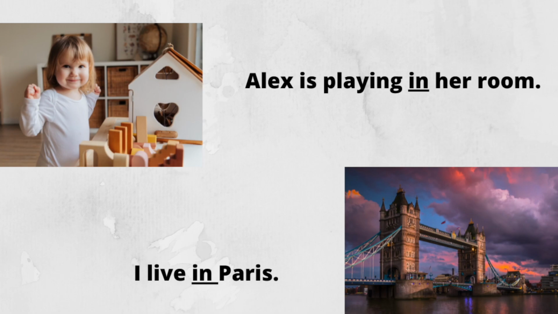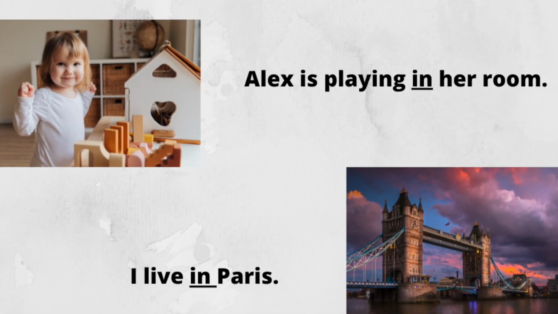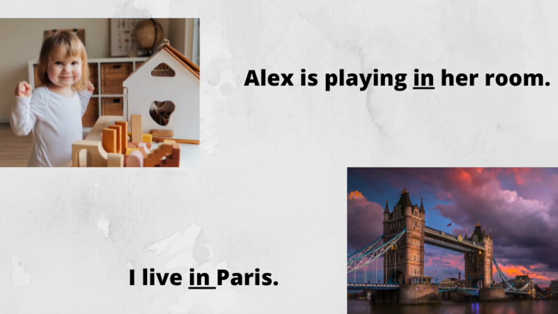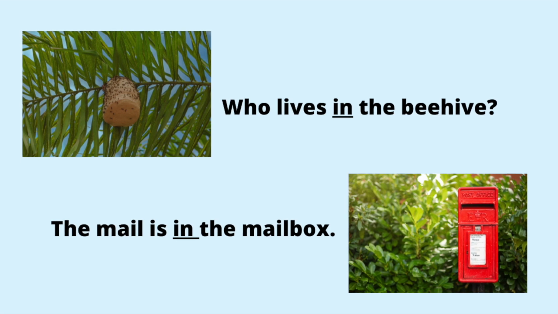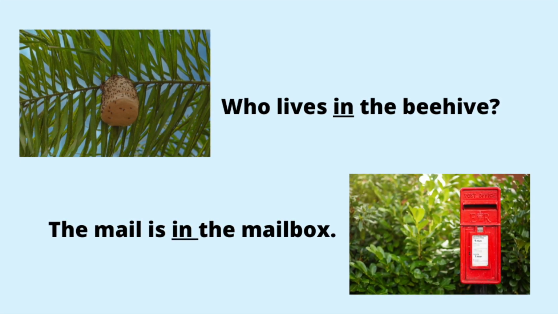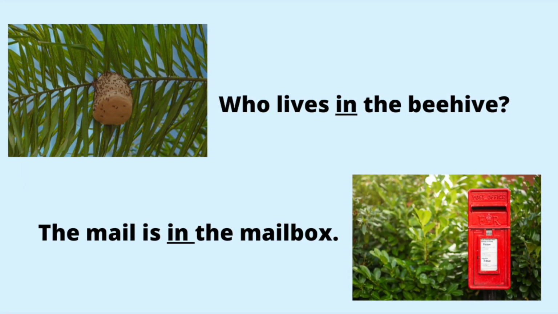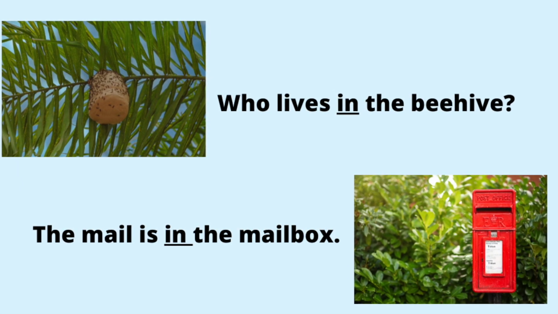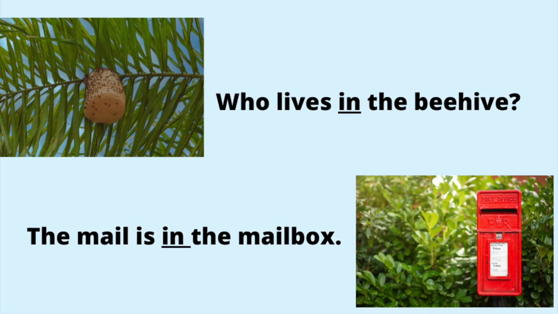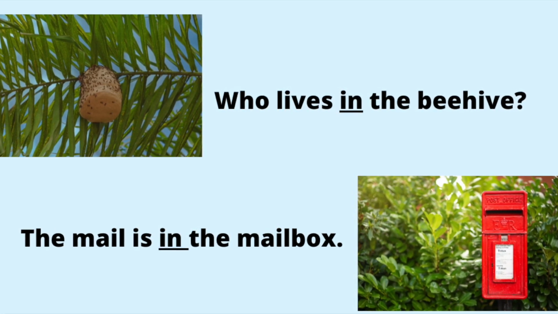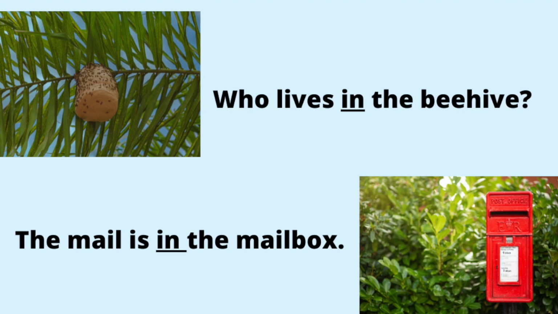Now the next picture. I live in Paris. Now look at the first picture and tell me who lives in the beehive? Yes, bees. Now again, look at the next picture. The mail is in the mailbox.